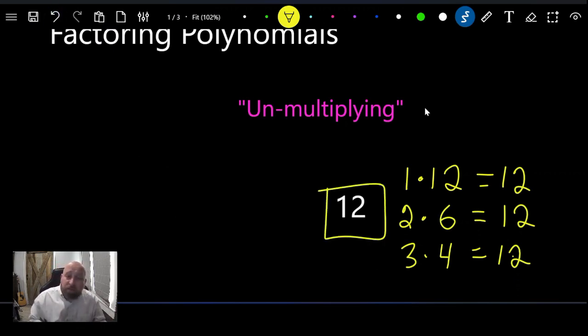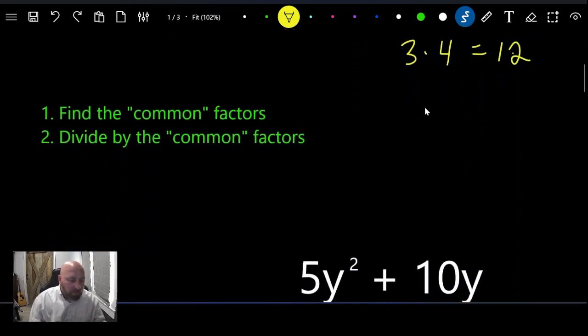All we know is the number 12. So all we can do with that is pull out what we can. We can only do so much with it because we don't have the whole problem. It's not a division problem. So when I say unmultiplying, I don't want you to think necessarily of division, but it's kind of a form of division.